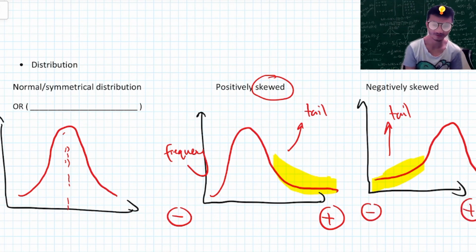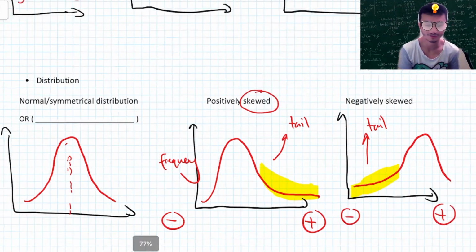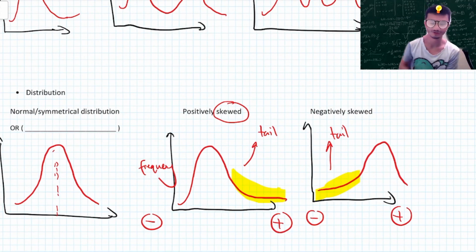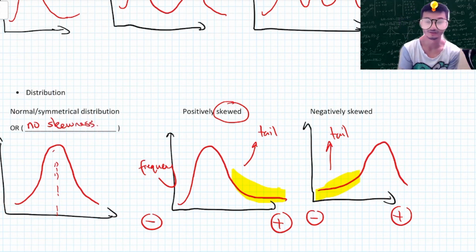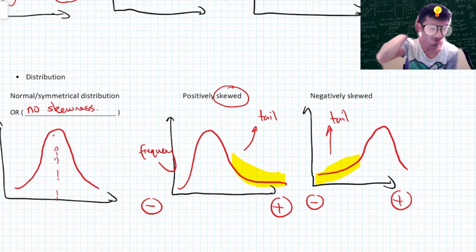Even if it doesn't necessarily have negative values, we're just looking at which side it falls on. That's why it's negatively skewed. The other name for the kind of distribution I talked about at the beginning is that there's no skewness, because it's perfectly balanced. Okay, so those are the different types of modalities and skewnesses.